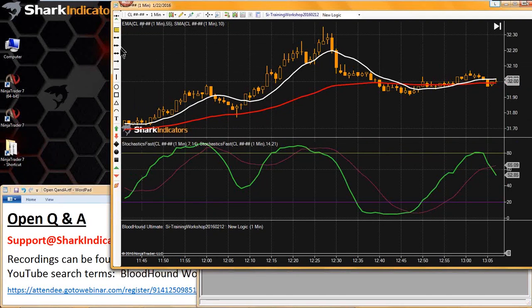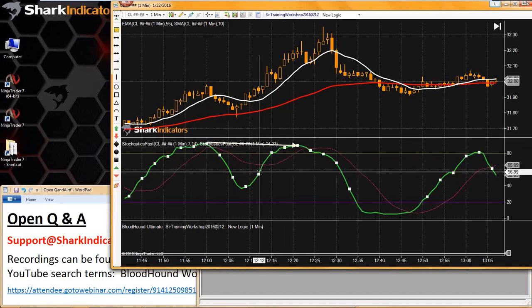Let me draw a couple of lines here. It does look like we have a slight divergence on our stochastics here.